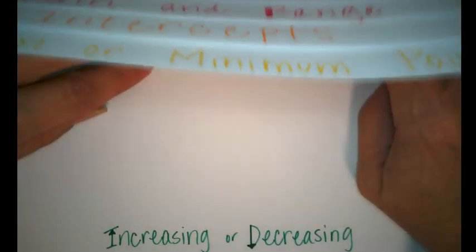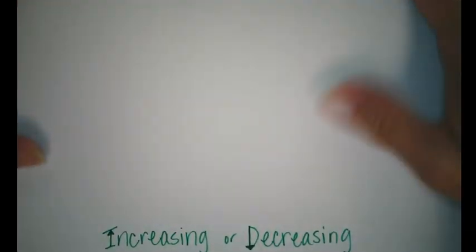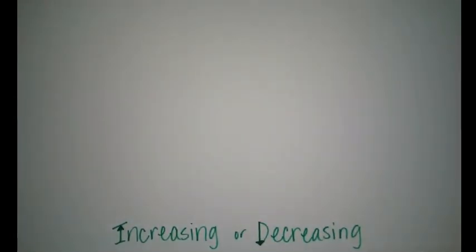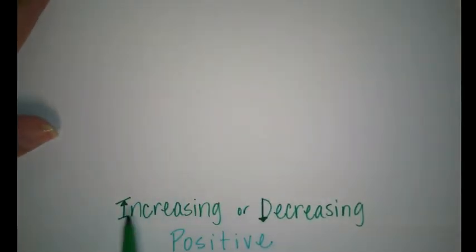So for everyone that needs the increasing and decreasing, I'm writing on this page right here, and increasing and decreasing we're going to just describe in one statement. I kind of just put, increasing arrow up, decreasing arrow down.